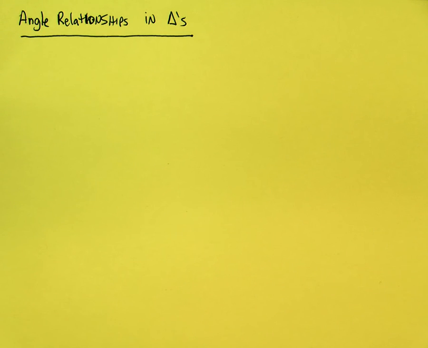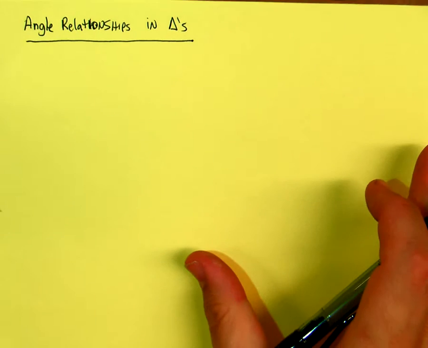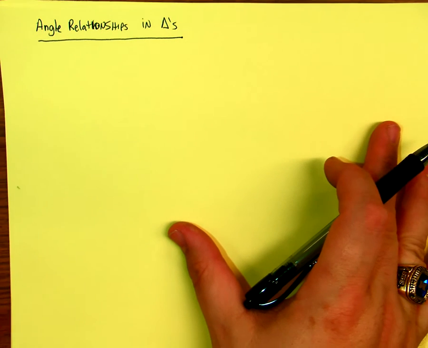I'm going to give you a bunch of information today, and we're going to make some graphic organizers about this. So let me zoom this out just a little bit.